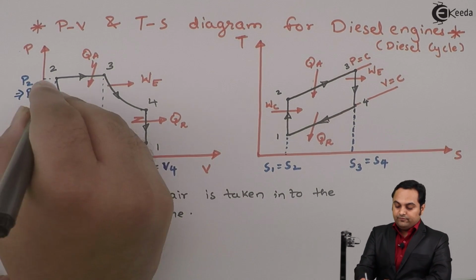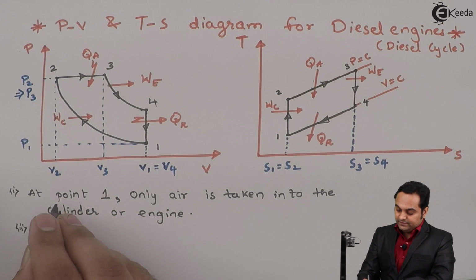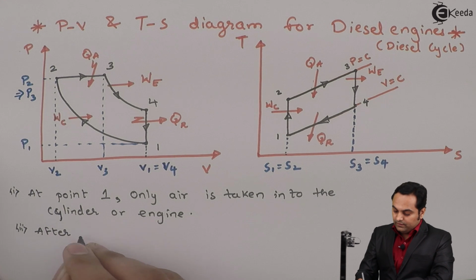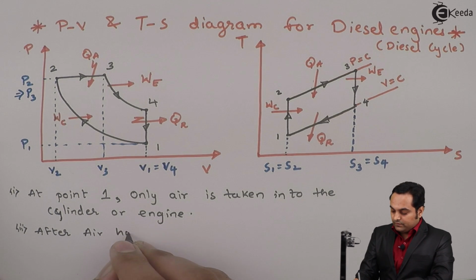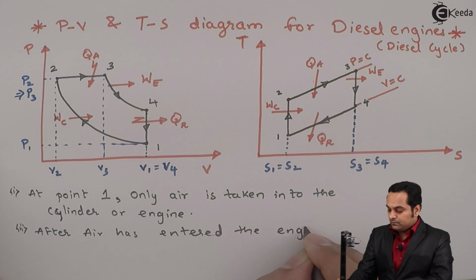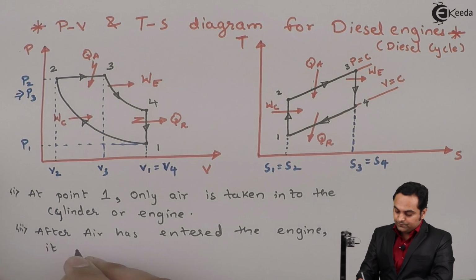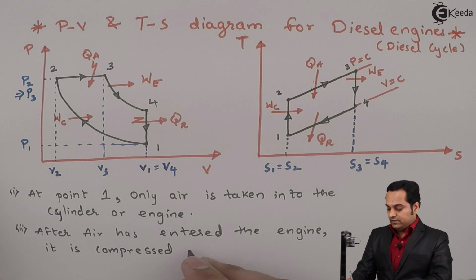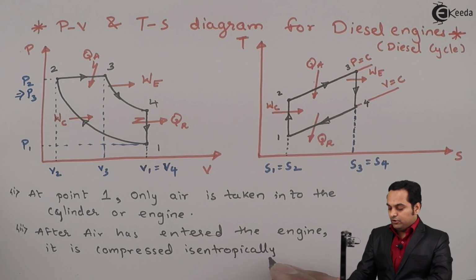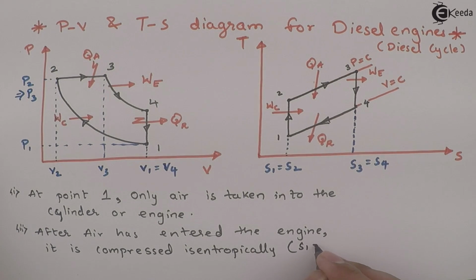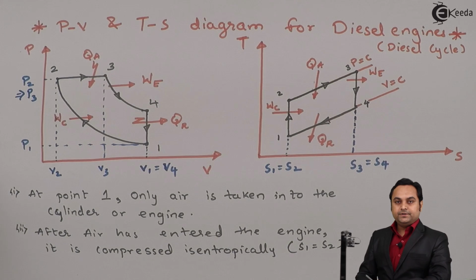Then from process 1 to 2, after the air has entered the engine, it is compressed isentropically, that is keeping the entropy constant. S1 is equal to S2, keeping the entropy constant.